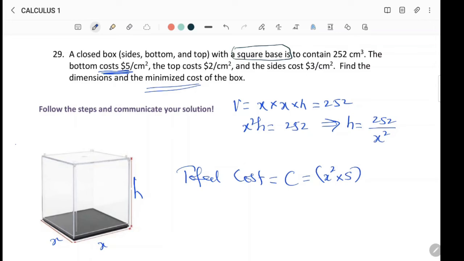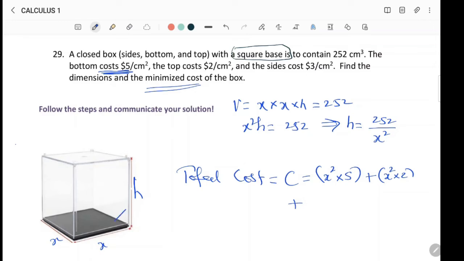So it will be 5 times x square. Okay, and the top area is also x square, but the price is different, so x square times 2.